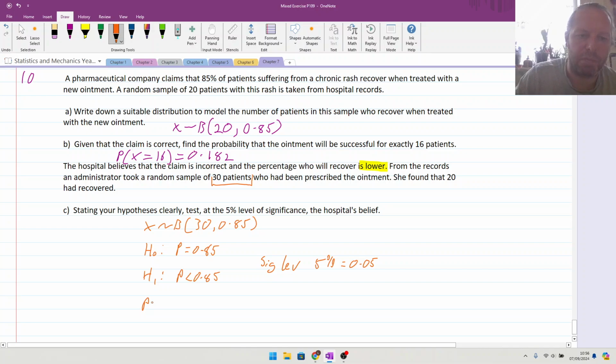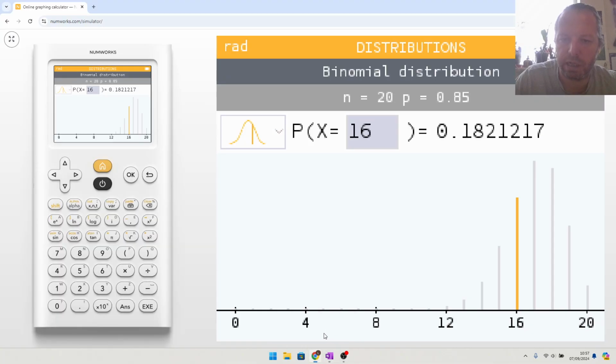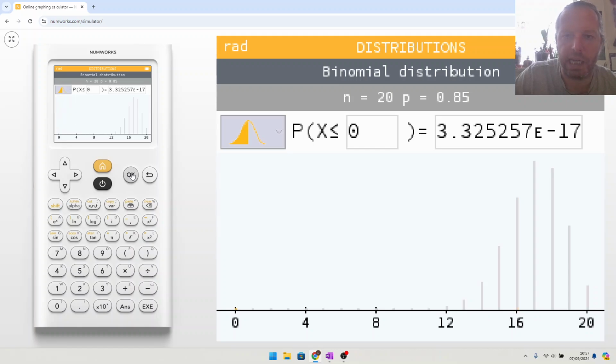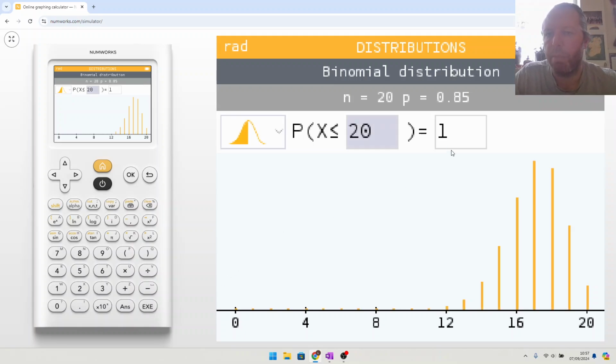So what do we have here? We want to know the probability that X is less than or equal to 20 patients having recovered. So what does that come out as? Where's the calculator? Here it is. Change it over to 20 and less than or equal to, 20. We get 1.